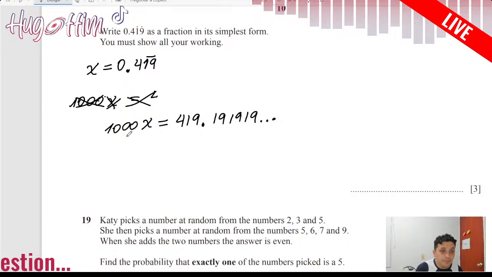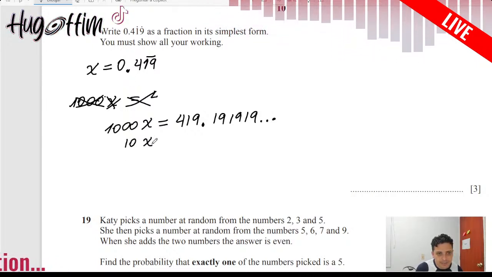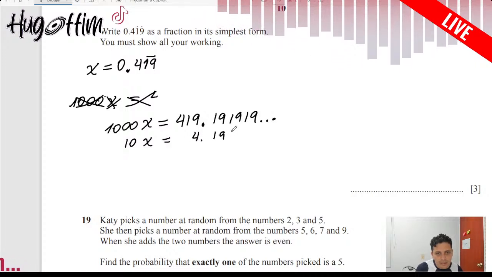And now I'm going to multiply by 10, so 10x is going to be 4.191919. Ah, yes, this is the way.